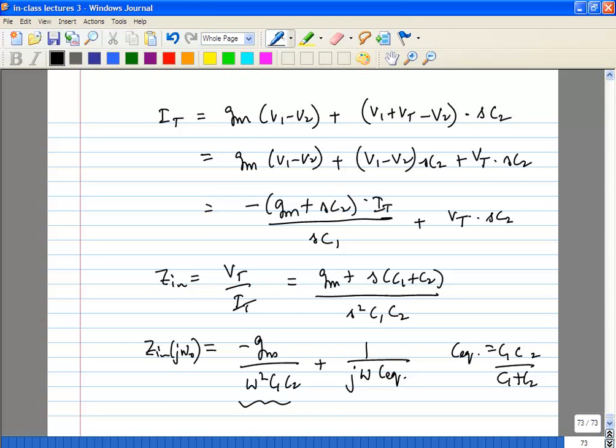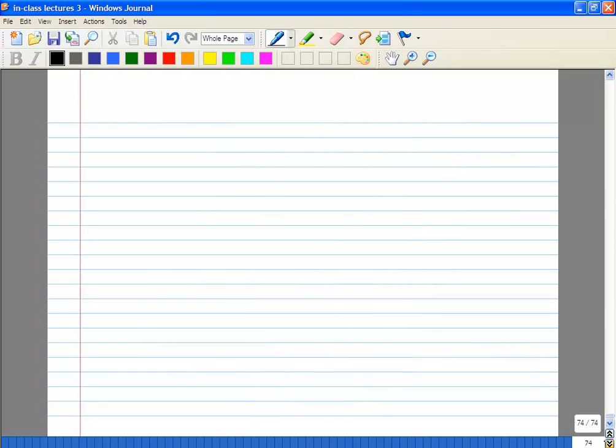So this is your negative resistance, and this is your capacitance, which you are going to resonate with the inductor. This is the equivalent circuit, right?